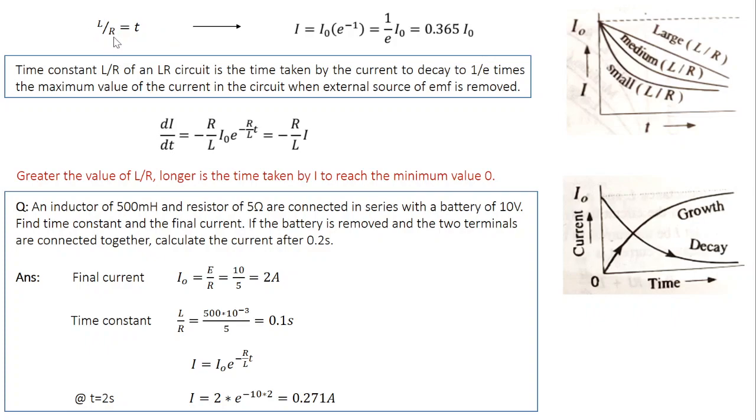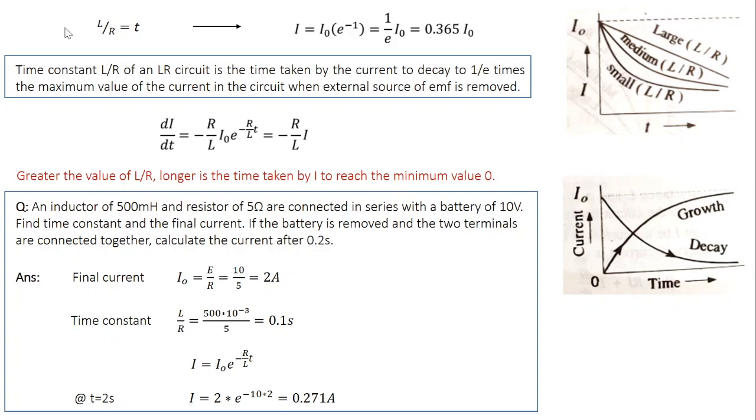Now, if you substitute L/R equal to t, the current I equals I naught into e to the power minus 1, or this is 1 over e into I naught. So substitute for e, you get 0.365 I naught.